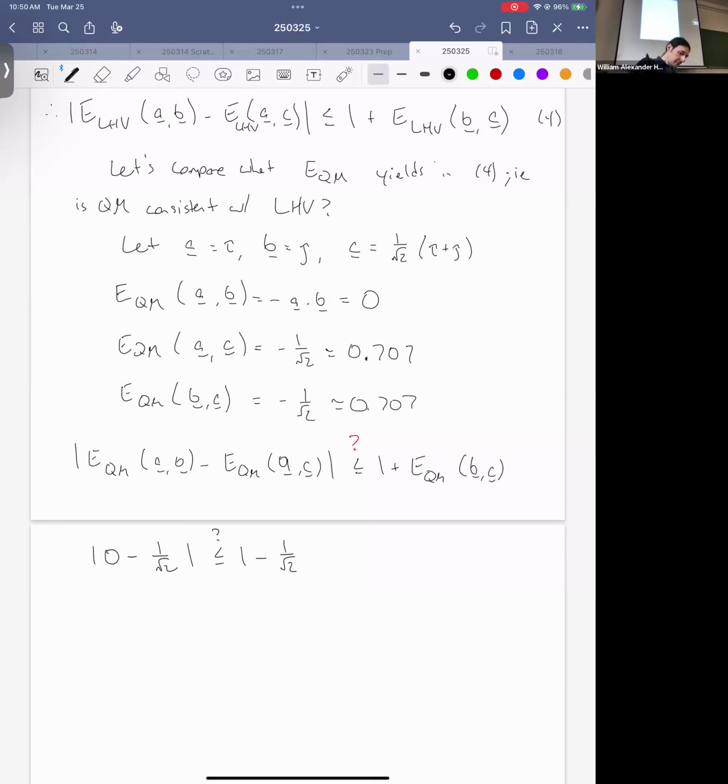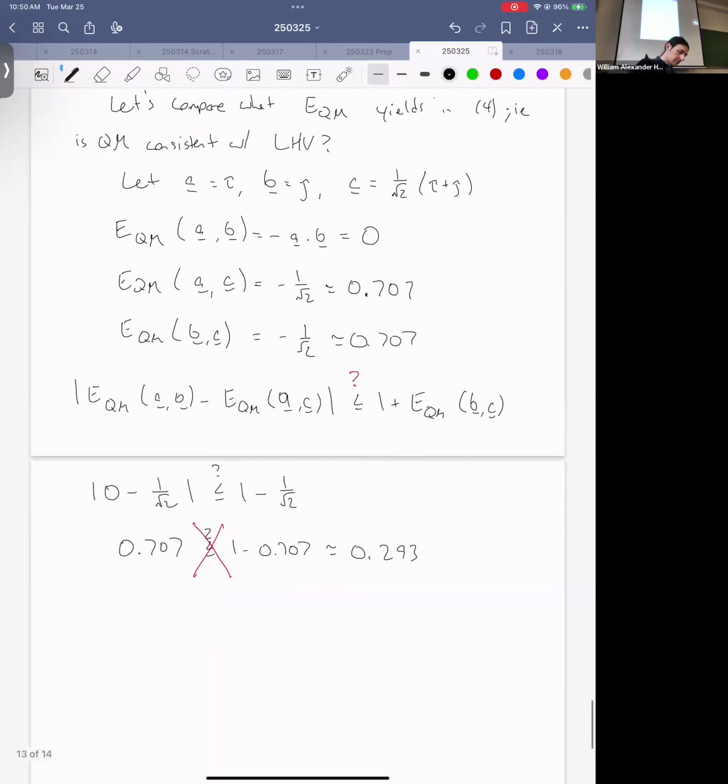On the left-hand side, 0.707, is that less than or equal to 1 minus 0.707, which is about 0.293? So we see explicitly that QM predicts a violation of Bell's inequality.